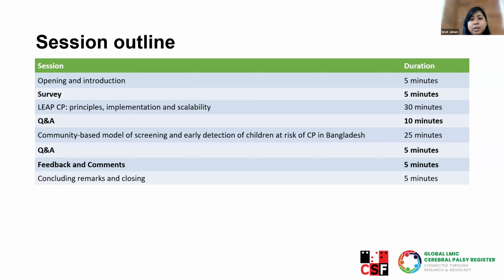Then we will have a brief question and answer session, followed by our second speaker, Dr. Mahmudul Hassan from Bangladesh, who will discuss their pilot program on early detection of CP in Bangladesh. Similarly to the previous session, we will have Q&A. Feel free to leave a message in the chat box or ask directly during the Q&A session. At the end, we would like to have your feedback and we will close the webinar. That's the overall summary.